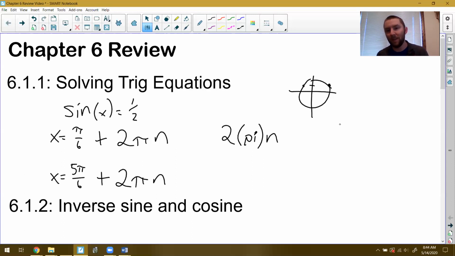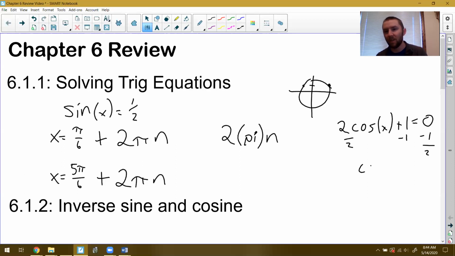Now, we also did something like this. Let's say we have 2 cosine of x plus 1 is equal to 0. Now we have to do a little bit of work first. We have to get the cosine of x alone by subtracting 1 and then dividing by 2.